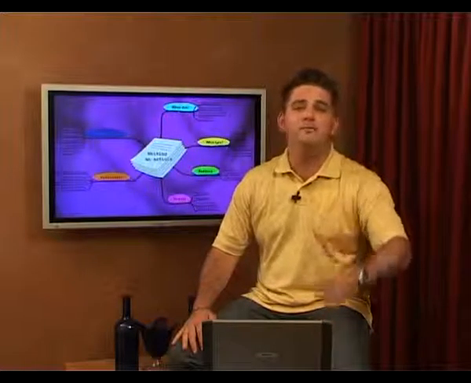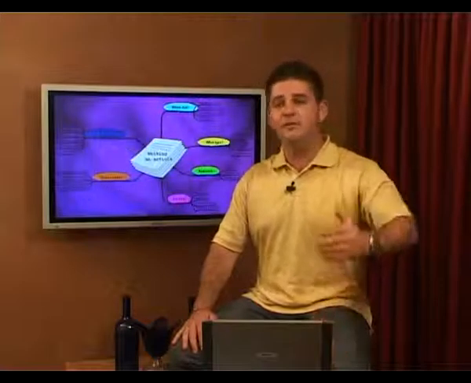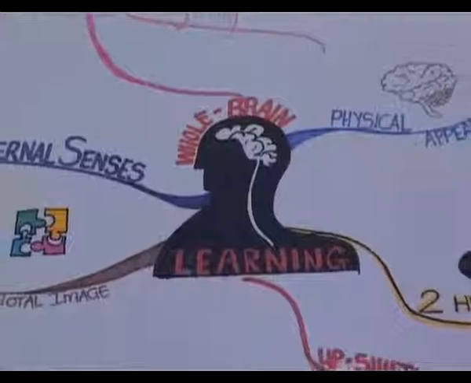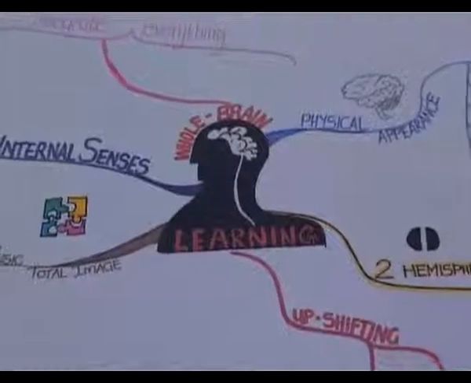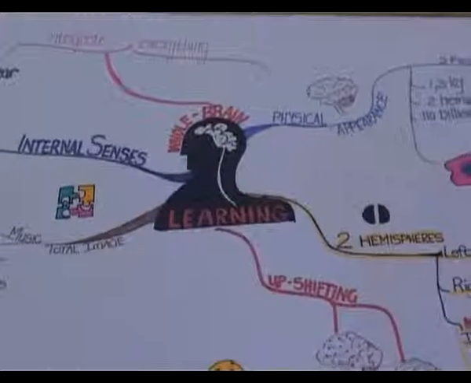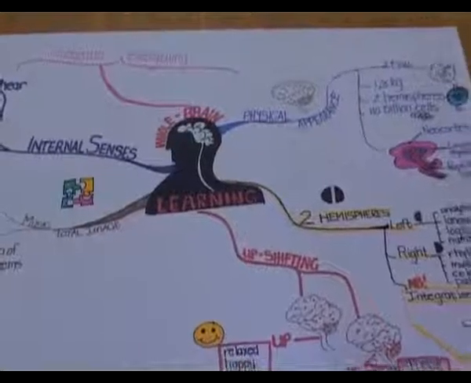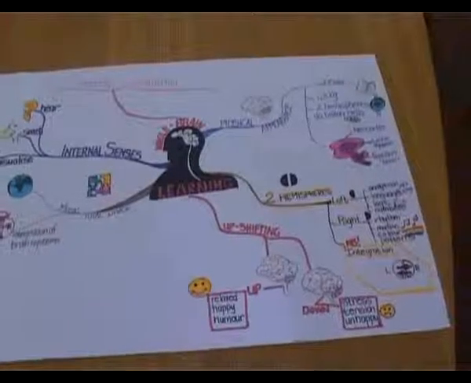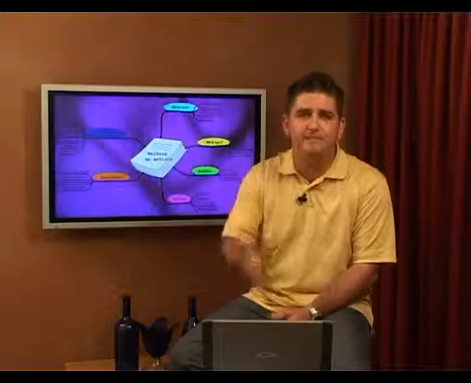The way in which the mind map is set out brings to mind the physical appearance of the brain. The integration of the brain systems is reflected in the way the information is compacted. Simply put, your entire brain is involved if you make a mind map. That is why you understand and remember it so much better.